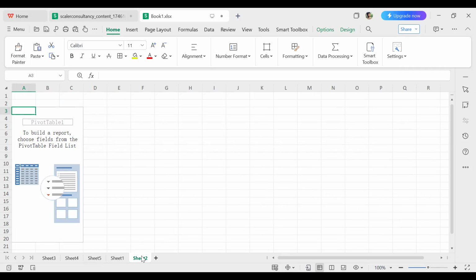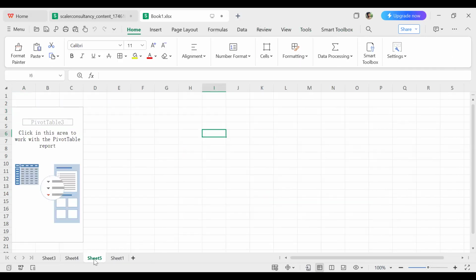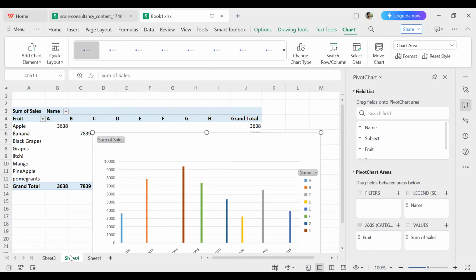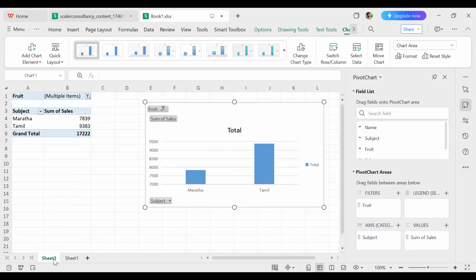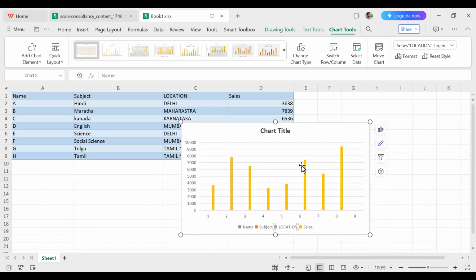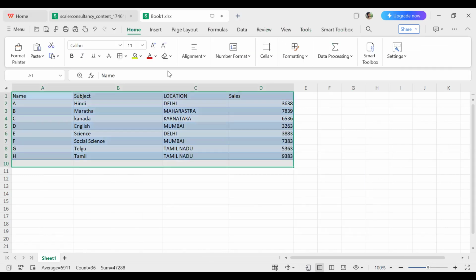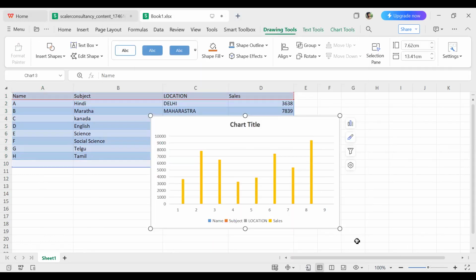I'm deleting every sheet. Now I just go to the chart and I use this.